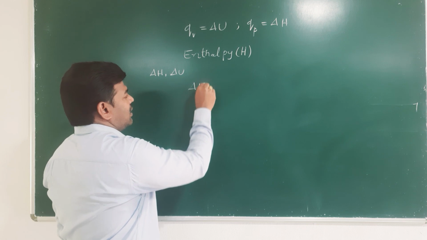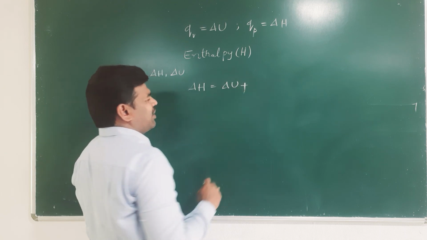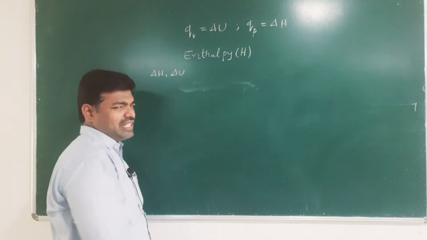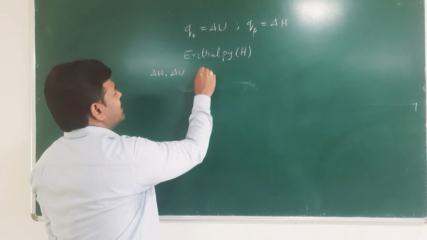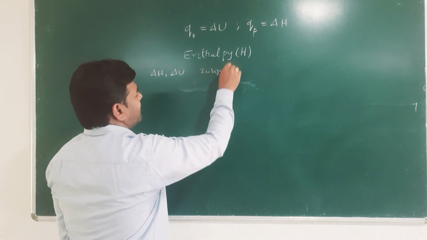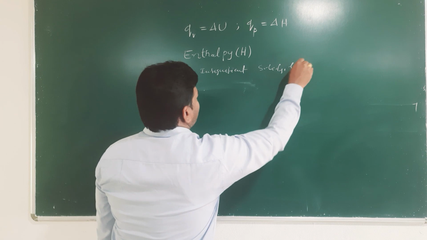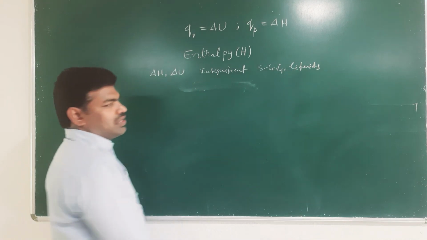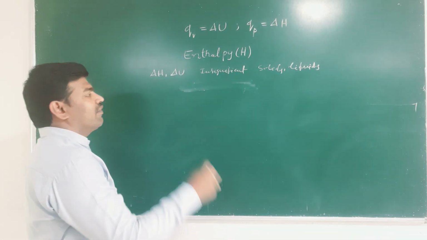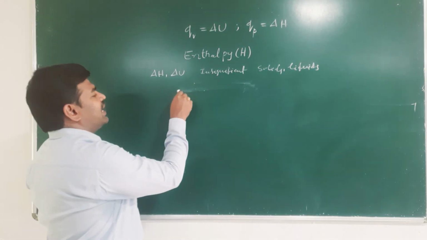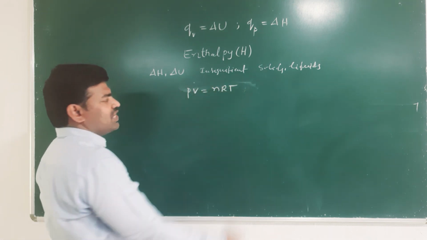In gaseous reactions, the two are related by the equation delta H is equal to delta U plus something. Let us derive this equation. For gaseous reactions we can use the ideal gas equation, PV is equal to nRT.